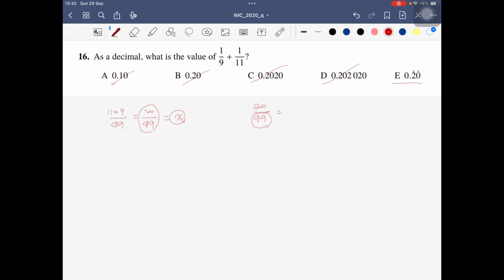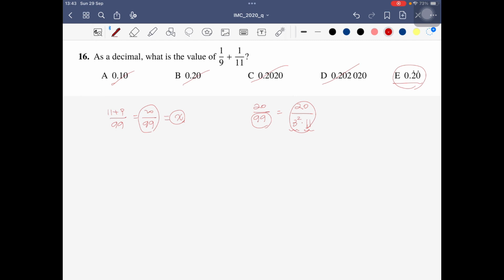Here, 20 over 9 times 11, so 3 squared times 11. Those are not 2 or 5, so whatever it is, as it has factors other than 2 or 5, the decimal is infinite. So only this can be the answer.